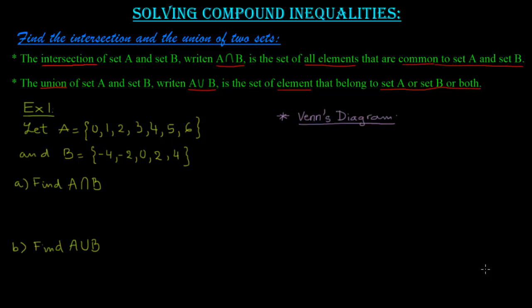In example 1, let A be the set of 0, 1, 2, 3, 4, 5, 6, and B is the set of elements -4, -2, 0, 2, 4. Problem A asks you to find A intersect B, and problem B, find A union B. The way to solve this is to use the Venn diagram.